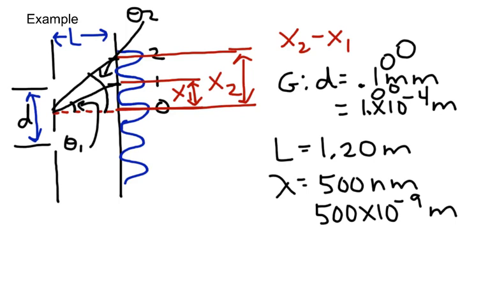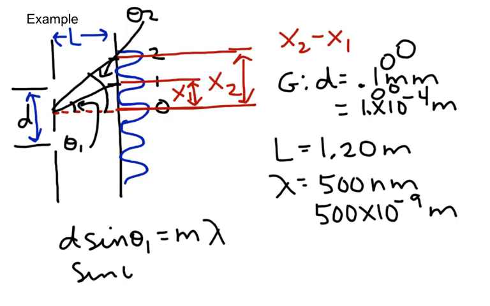Alright, so the formula we're going to use, because we're talking about bright fringes, is the formula for constructive interference. And so that's d sine theta 1 is equal to m lambda, or sine theta sub 1 is equal to m lambda over d. If we plug in the numbers, the order is the order of 1.